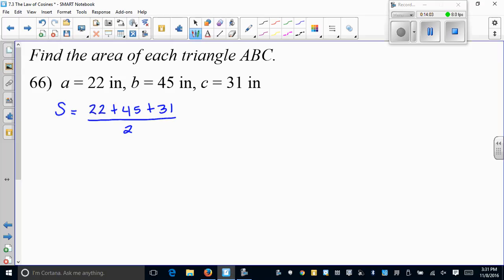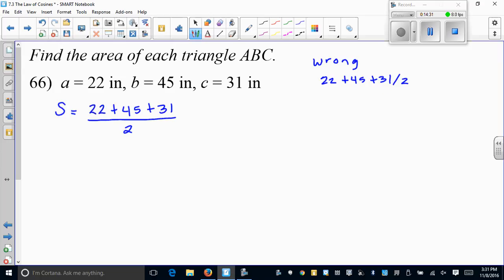But be very, very careful. Here's what I'm trying to point out: students tend to put this into the calculator, 22 plus 45 plus 31 divided by 2. Let me show you, this is wrong. That they'll throw in the calculator exactly like this. 22 plus 45 plus 31 divided by 2. Because the only one that's getting divided by 2 is this guy here.